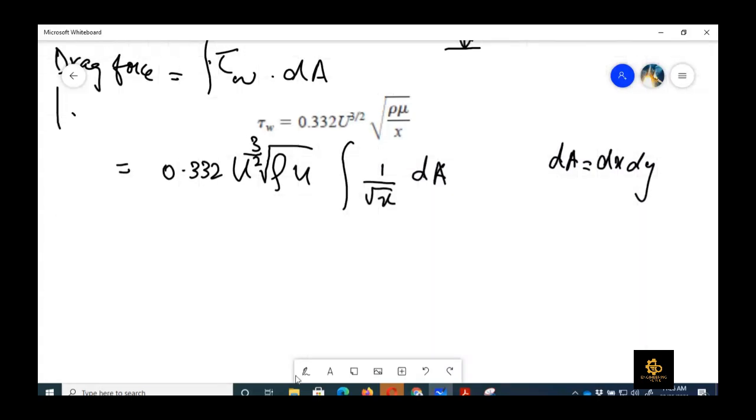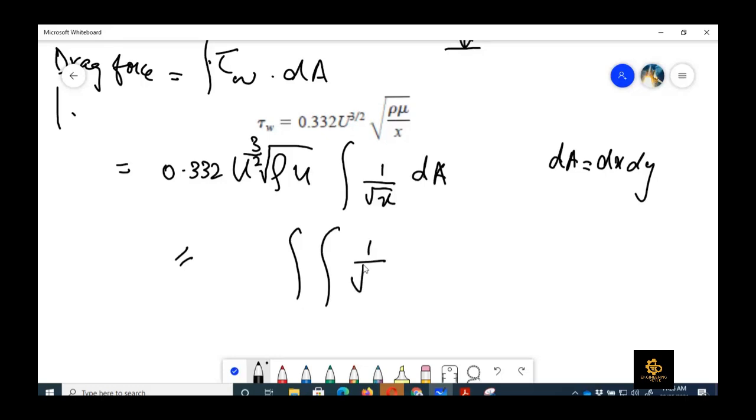So let me explain it here. We are going to write it like this: 1 upon x into dx dy, right? And limits, that is x is equal to 0 and x is equal to 0.5 based upon the slope, and then for the y, we say that y is equal to 0 and y is equal to 0.5 minus x.